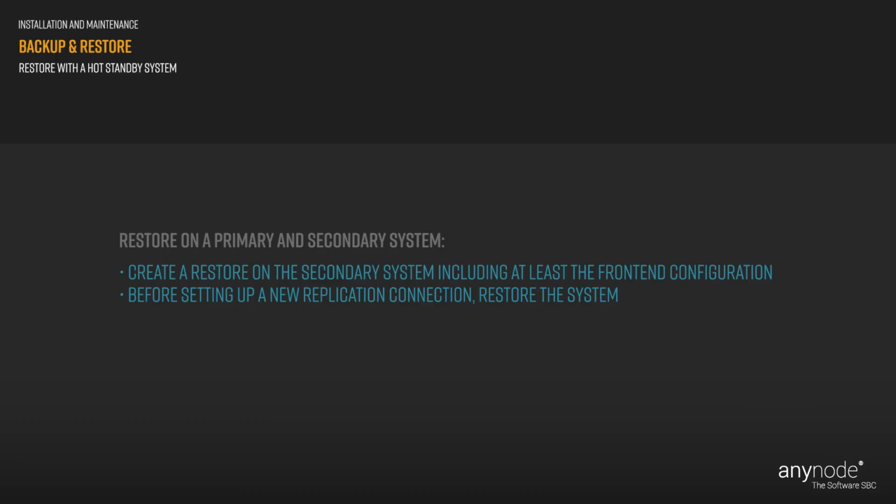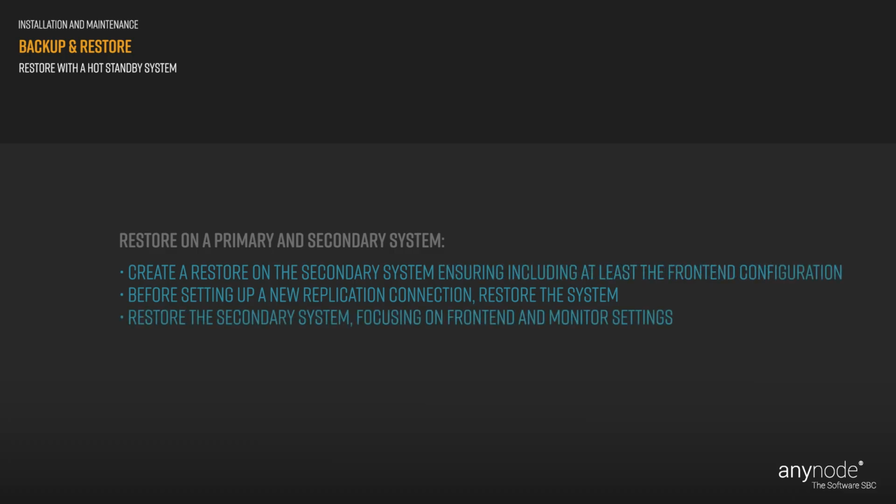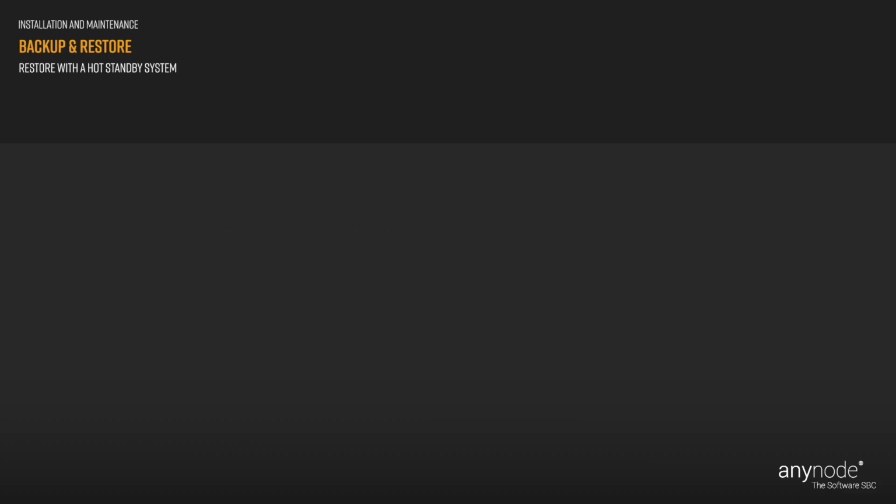Before setting up a new replication connection between the primary and secondary systems, make sure to restore the system. The restoration process for the secondary system mainly deals with front-end settings, like user management, web server connector, and certificate issuance, and monitor configurations, such as call history, event logs, and monitor settings, rather than the anynode configuration itself, which gets replicated from the main system anyway.